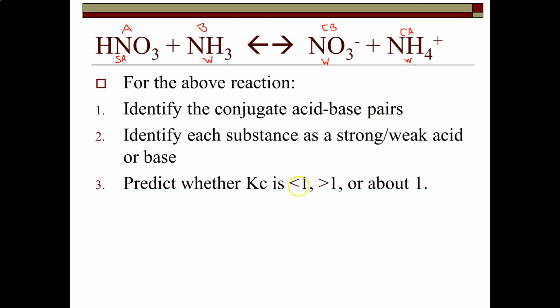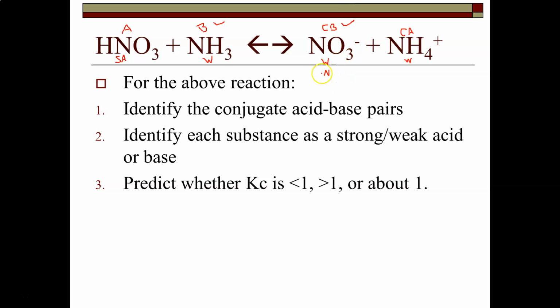Predict whether Kc is less than 1, greater than 1, or about 1. So for this, we need to look at our 2 bases here. So it's NH3 and NO3 minus. Which one's weaker? Well, your strong acid is HNO3. That makes this NO3 minus extremely weak. Kind of like if you look at the charts, it says negligible.